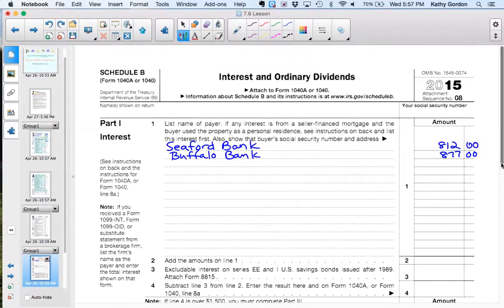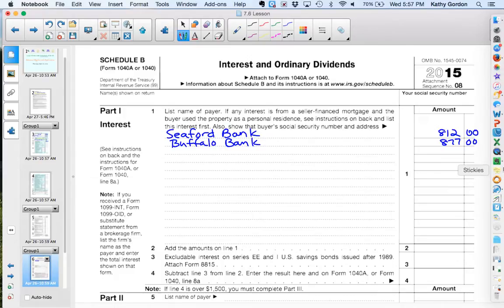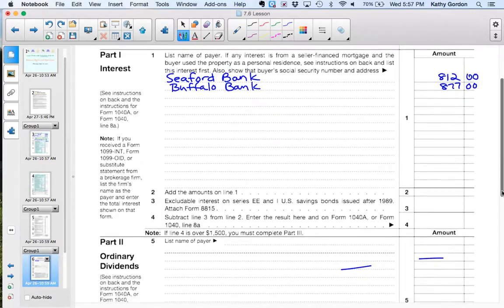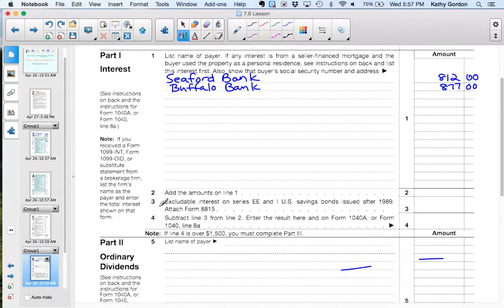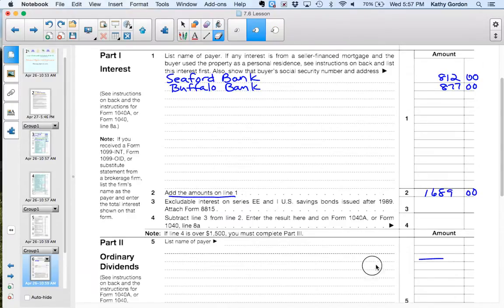Okay, so if we go down here to number 2 then, we are supposed to add the amounts in line 1. Well, that's all of this. This is all line 1. And so that's going to give us $1,689. Okay?